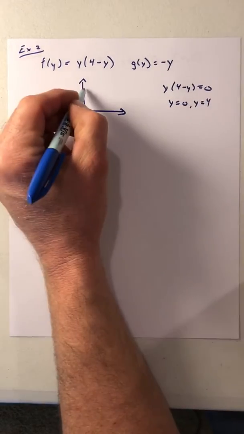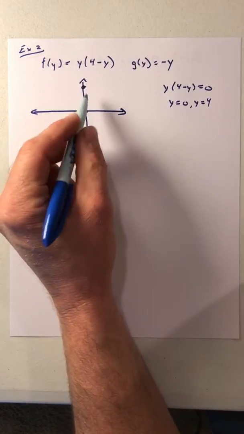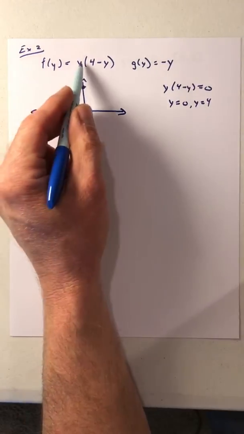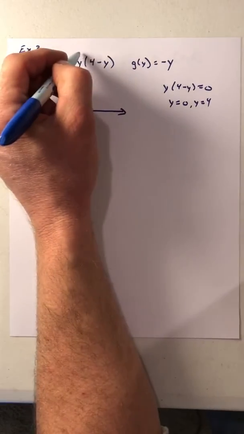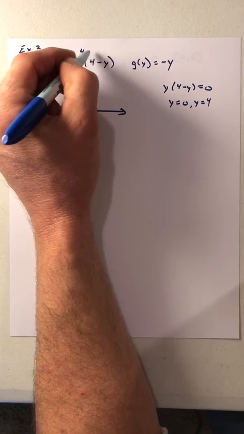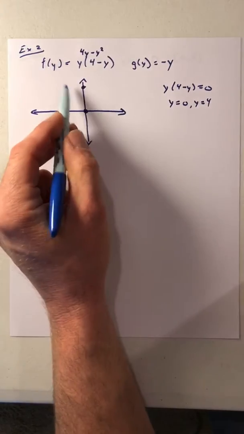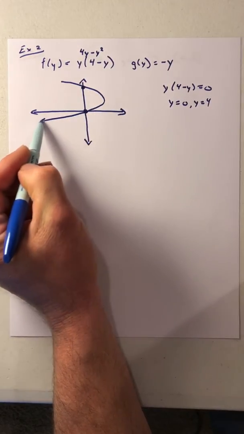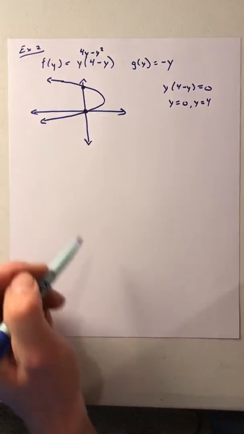So I've got my 0 here and my 4 up here. I also know it's going to open toward the negatives because I have a negative y squared. If I were to multiply this out, I get 4y minus y squared. So I know I'm going to come up like this and then come out in something of that form.